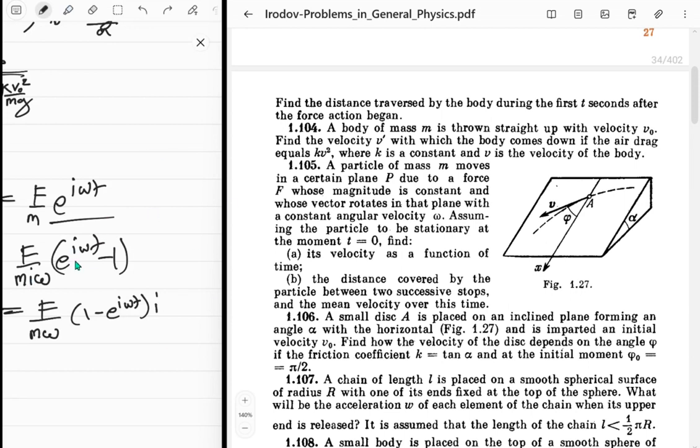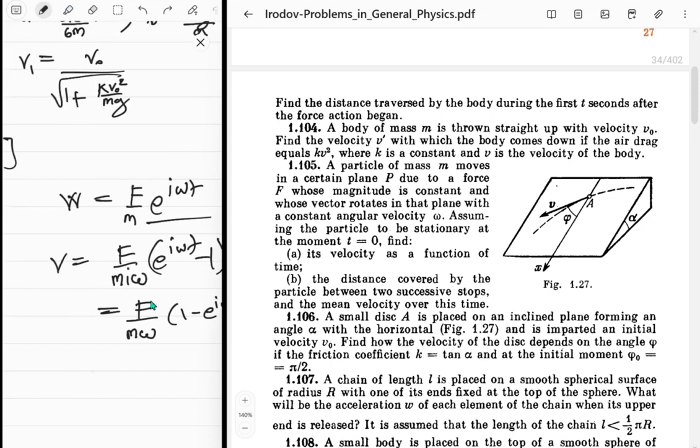This velocity's magnitude is not zero most of the time, but whenever this is zero, which will happen when omega t is equal to 2 pi, that's the very next thing after zero, at that point you will have another stop. So we want the integration from 0 to 2 pi upon omega of the magnitude of this velocity times dt. That's our distance, right?